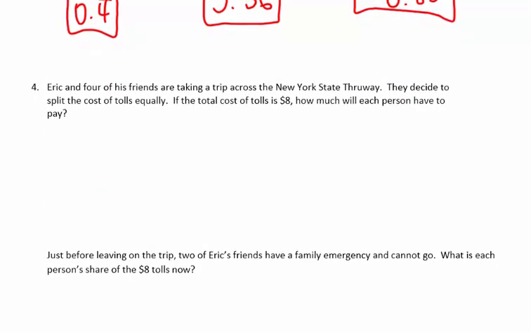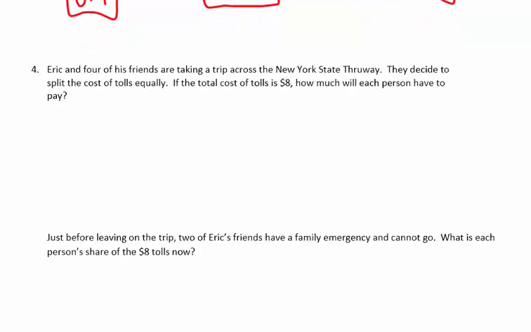We have a couple of word problems down here. Eric and 4 of his friends are taking a trip across the New York State Thruway. They decide to split the cost of the tolls equally. The total cost is $8. How much will each person have to pay? Well, this is kind of a trick question. Some people would say, oh, there are 4 people, but it's Eric and 4 of his friends, which means there are 5 people total who are traveling in the car.